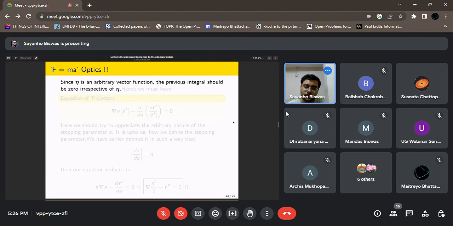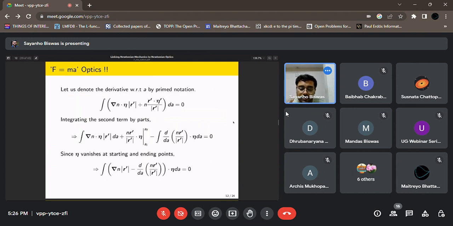Now, wait. Before moving on, in this equation, is eta an arbitrary vector or a specified vector? Does anyone remember? Is eta arbitrary or specific? Eta is supposed to be an arbitrary vector from our construction. The only restriction on eta is that it has to vanish at the initial and the end position. Otherwise, eta is an arbitrary vector that I'm adding to the real stationary path, that means my solution path.